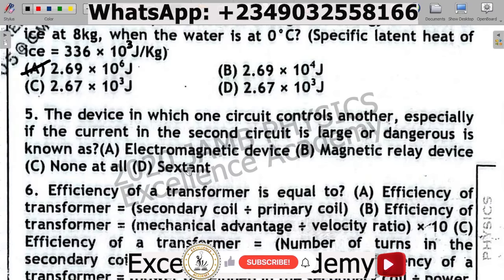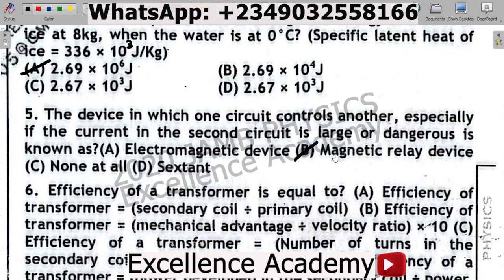For this question, note that they mentioned B as magnetic relay device. A magnetic relay device is a device that controls one circuit if the current in the second circuit is large or dangerous. So the answer is B, magnetic relay device.